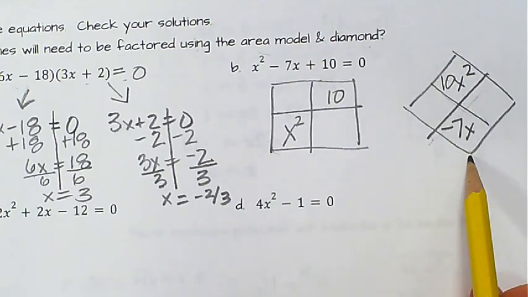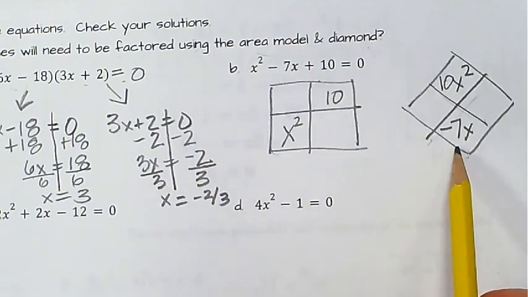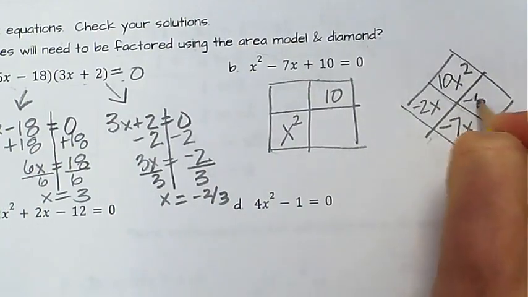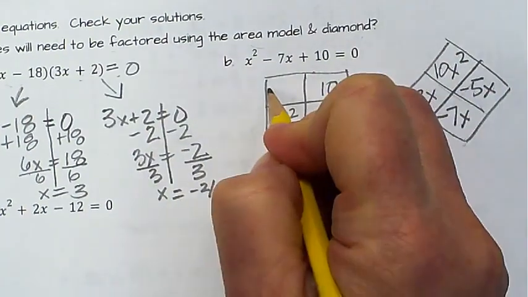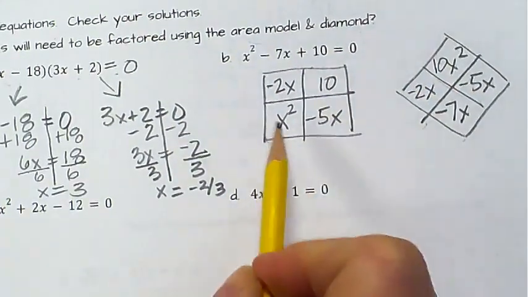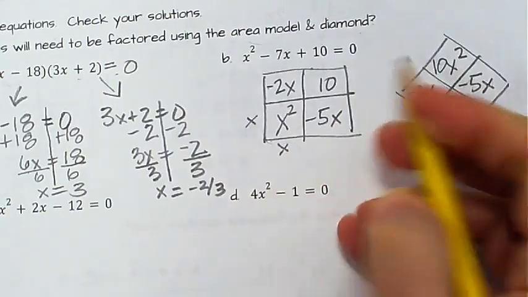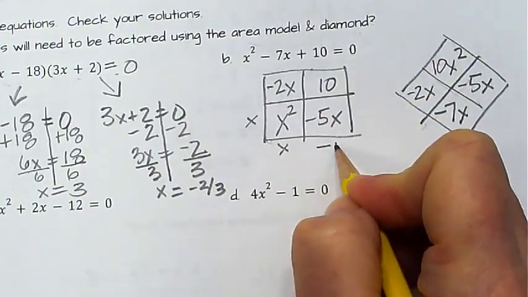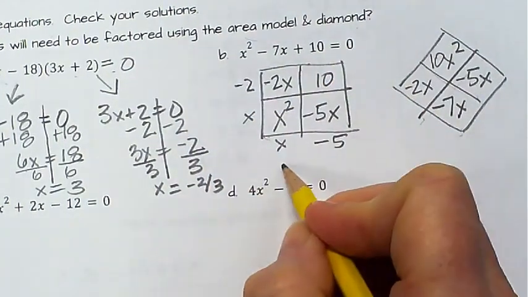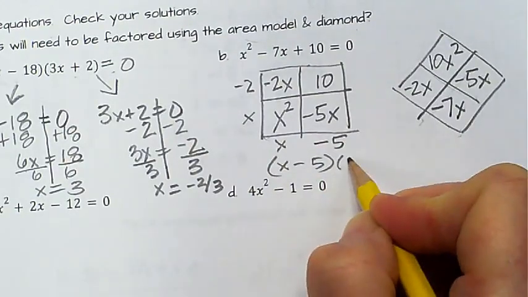Well, 2 times 5 is 10, and if I make both of them negative, that's going to give me a negative 7. So negative 2x and negative 5x. So I'm going to find the length and the width. So this factors into x minus 5 and x minus 2.